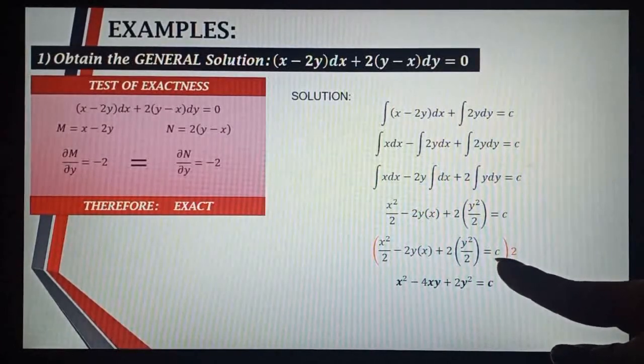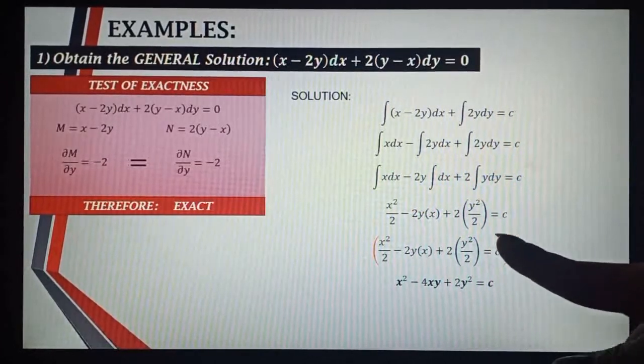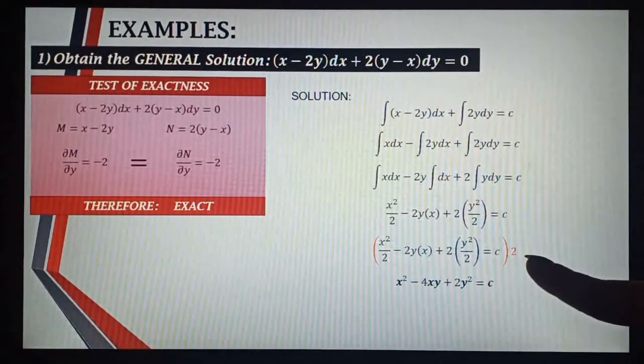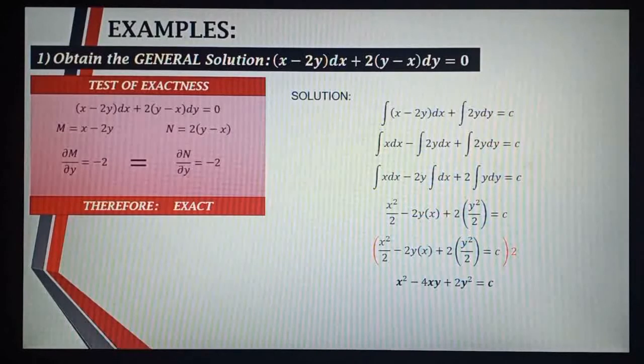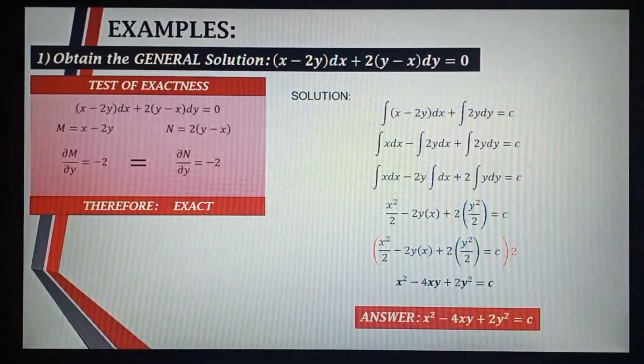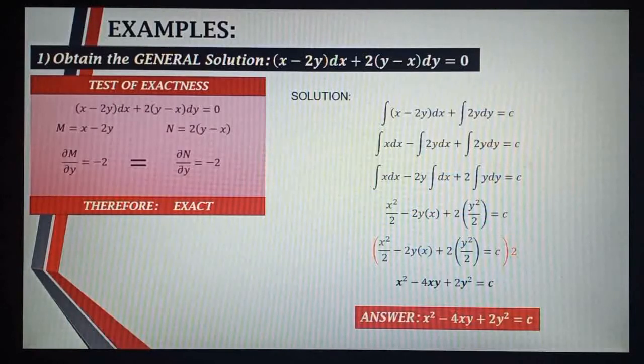But since you have the arbitrary constant multiplied to another constant, it can be simplified as c. So therefore, the general solution for this equation is x squared minus 4xy plus 2y squared equals c.